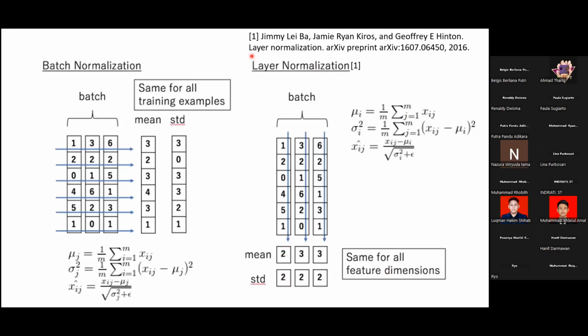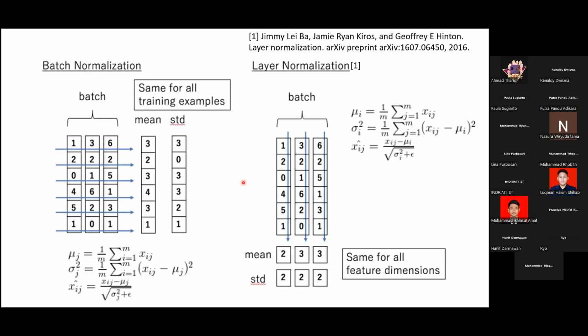We utilize this mean and the standard deviation values to normalize values within that specific vector. So let's take a recap. For batch normalization, we normalize based on each dimension. And for layer normalization, we normalize based on each vector.